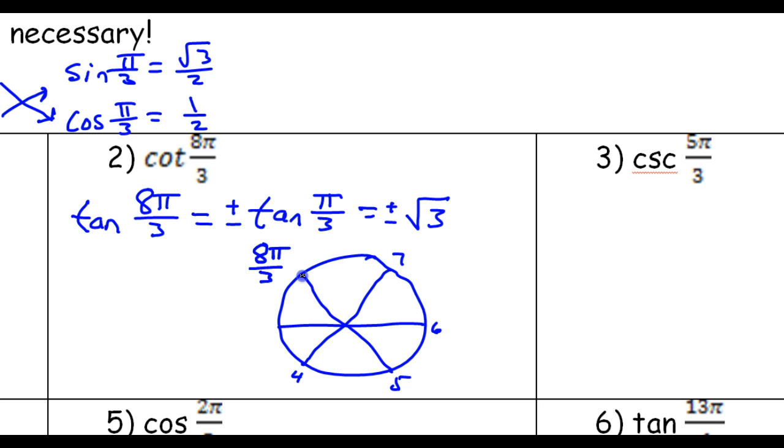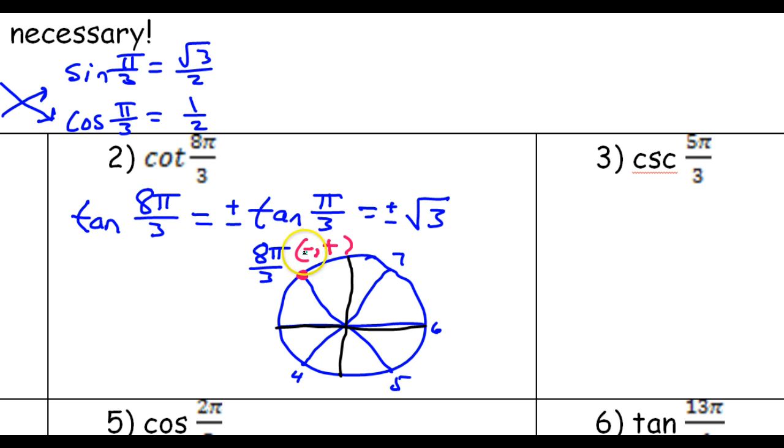Alright, 8 pi over 3 is going to end up right here. Alright, so here's my x and y axis. We need to know the signs of this point, as in positive, negative. The x value is negative, because it's over here to the left. The y value is positive because it is up. So we have a positive and negative.